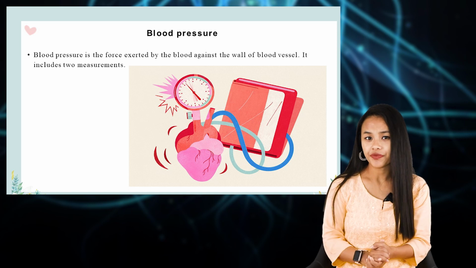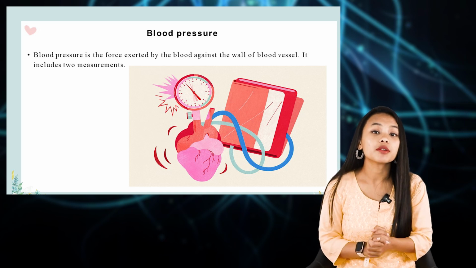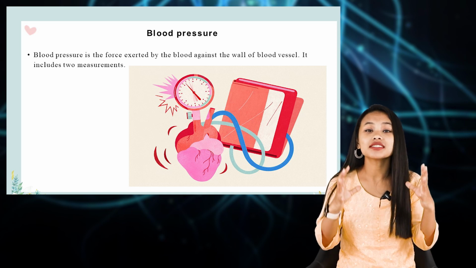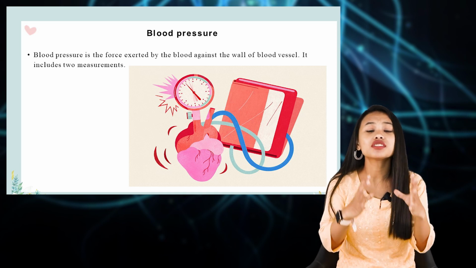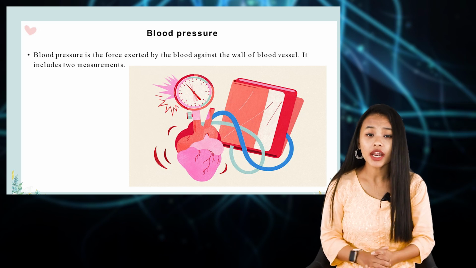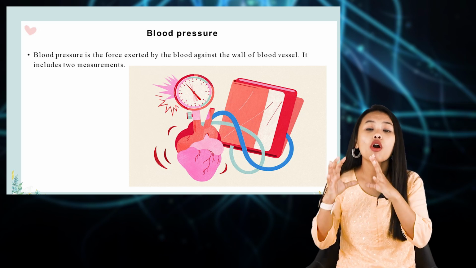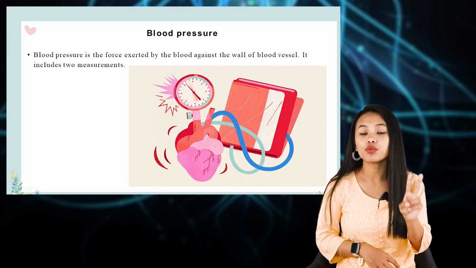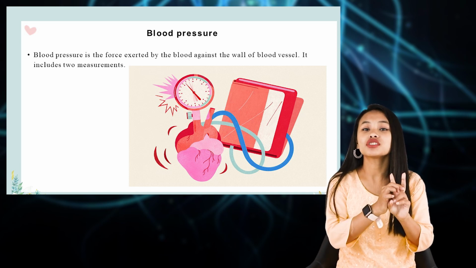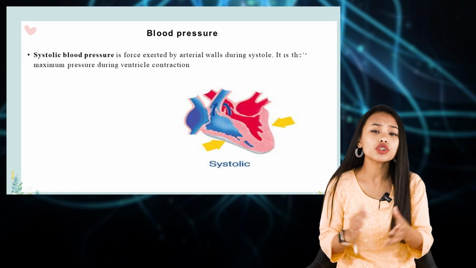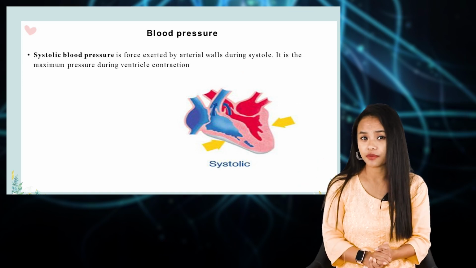So blood pressure. As we all know, blood pressure is defined as the force exerted by the blood against the wall of the blood vessels. And this blood pressure includes two measurements, the systolic blood pressure as well as the diastolic blood pressure. So what do we mean by systolic blood pressure?